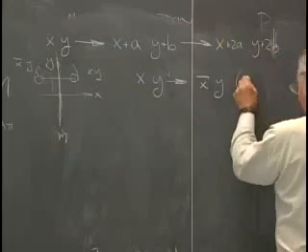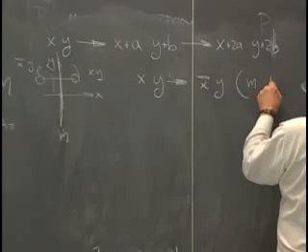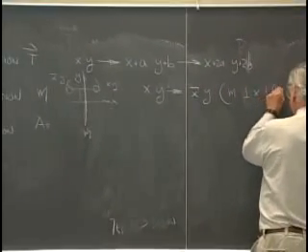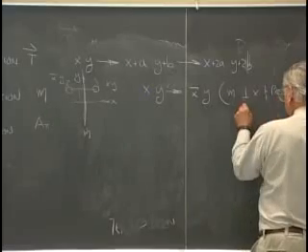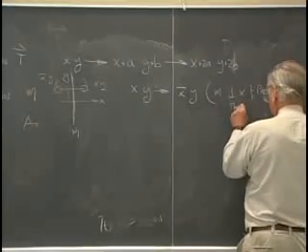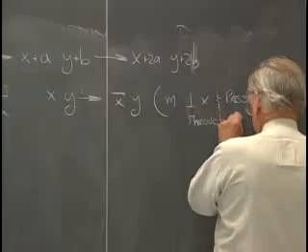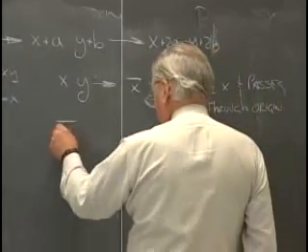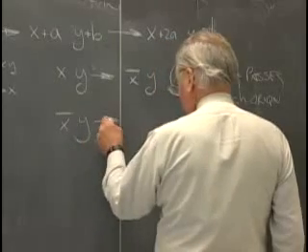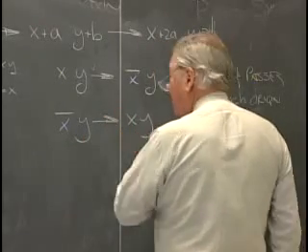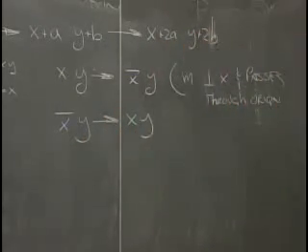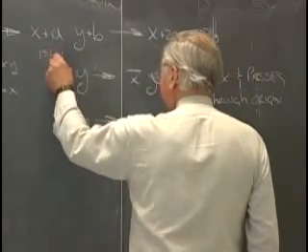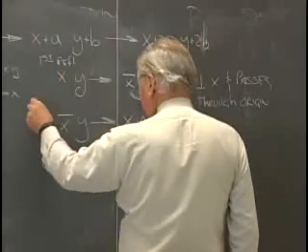And this is the case where the mirror plane is perpendicular to x and passes through the origin. If we do the operation a second time, minus x, y would get mapped back into x, y again. It comes back to where it started from. So this would be the first reflection. This would be the second reflection.